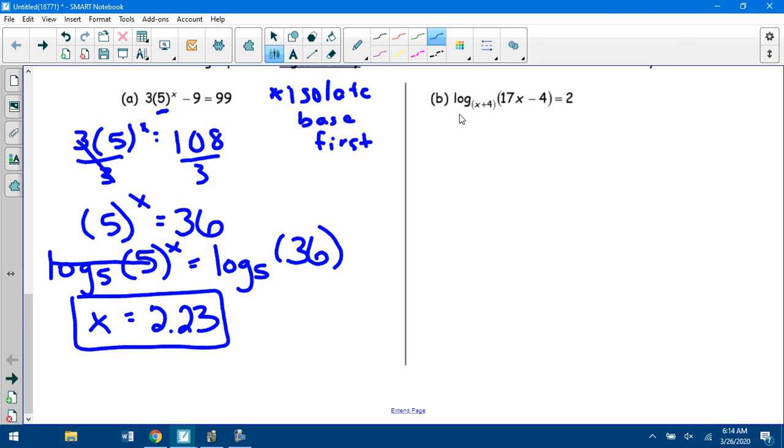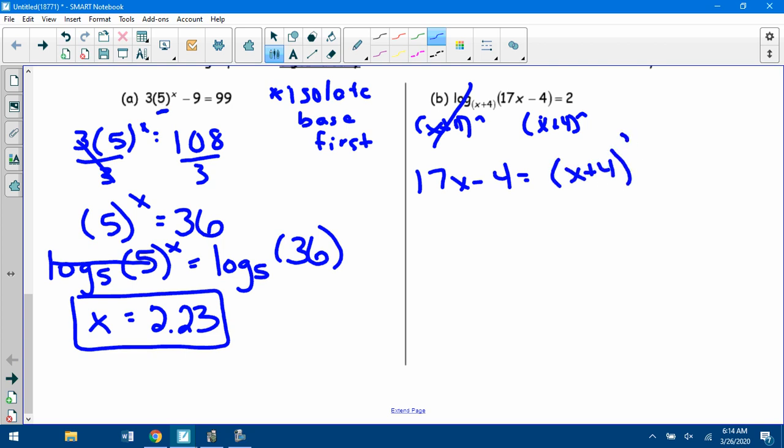All right, and the last one, solving a log equation. The log piece is already isolated, so how do you get rid of it? Exponentiate. When you exponentiate by x plus 4, that gets it to cancel over here, and I have 17x minus 4 equals (x plus 4) squared.